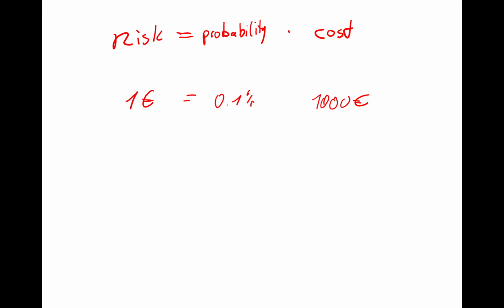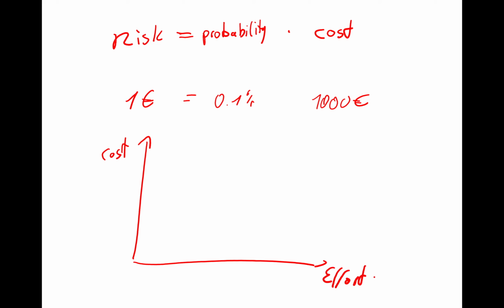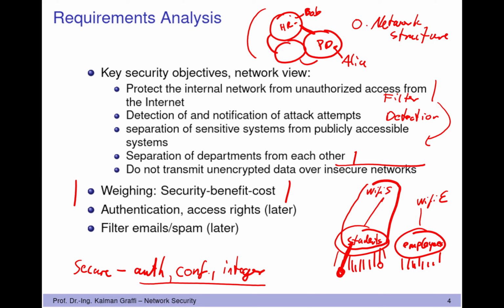So if you don't do anything, you have high costs, and if you do something, then it's fine, but if you do more, then it's expensive again. So you somehow have to find a sweet spot where you have to pay less, either for the security experts or for the potential loss that you face. So this means weighing secure benefit costs.